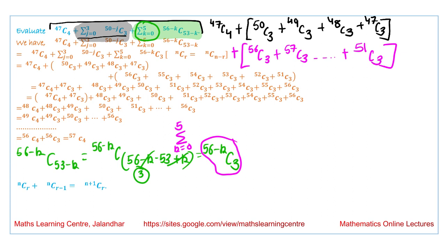We can write these terms in the form 47C4 plus 48C3, so next it is 47C3, then 48C3, 49C3, and so on up to the last term we have over here, 56C3.